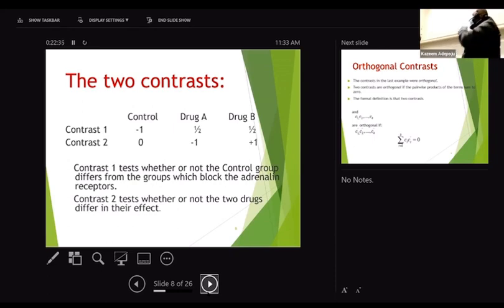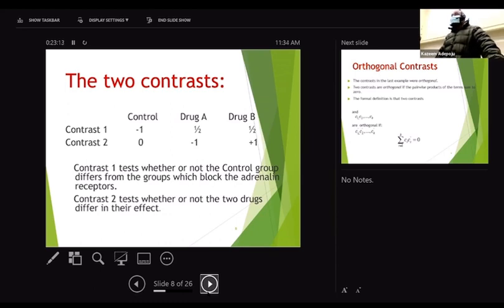Now, in contrast 1, I put -1 on control, and I put half and half on drug A and drug B. What does that mean? It means I'm comparing the effect of drugs with nothing. How many levels of drug do we have? We have 2 levels. I want to compare 2 levels of drug with nothing. That is what contrast 1 is talking about.